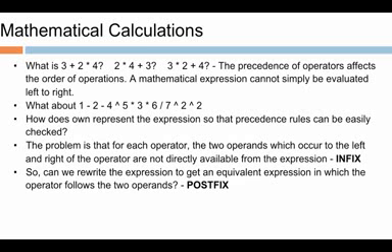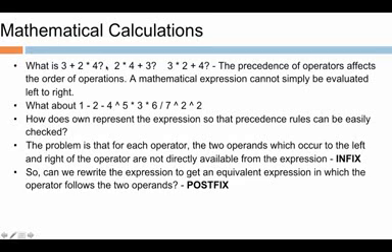All right, so we are interested in looking at mathematical calculations, like I said. For example, we can ask: what is 3 plus 2 multiplied by 4? What is 2 multiplied by 4 plus 3? And what is 3 multiplied by 2 plus 4? If we do not have a uniform convention about which operators will be evaluated first, then one can get different answers.